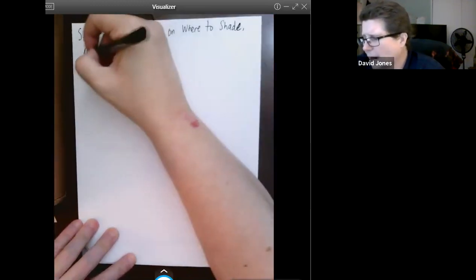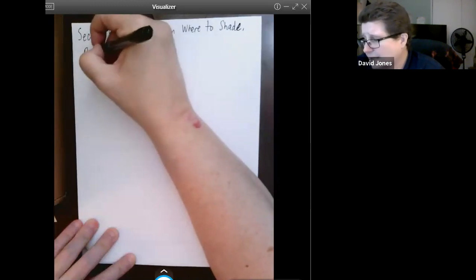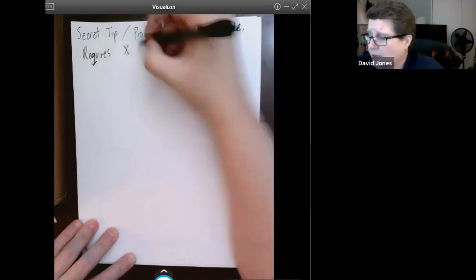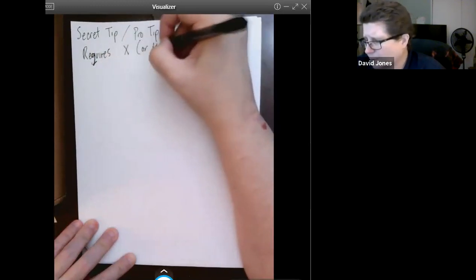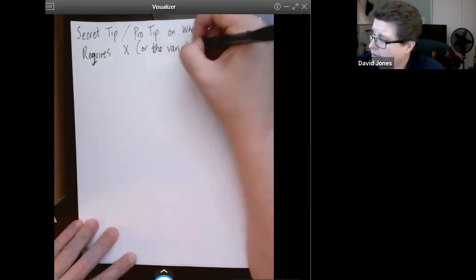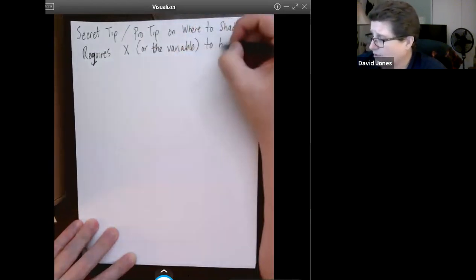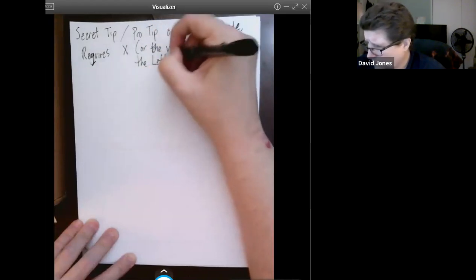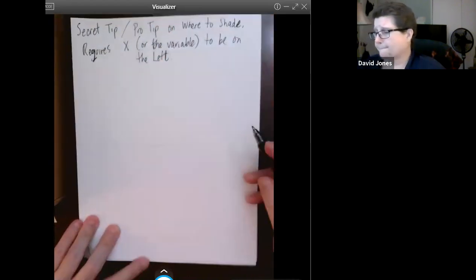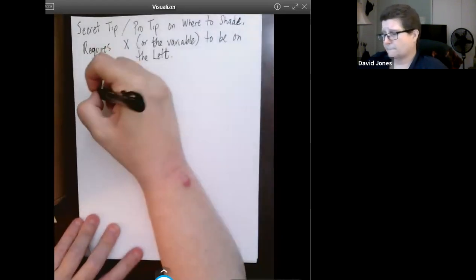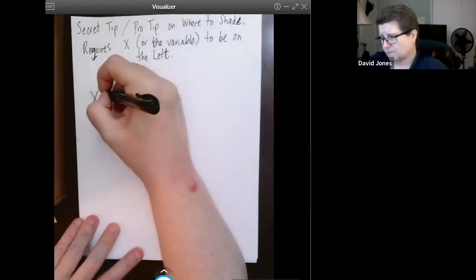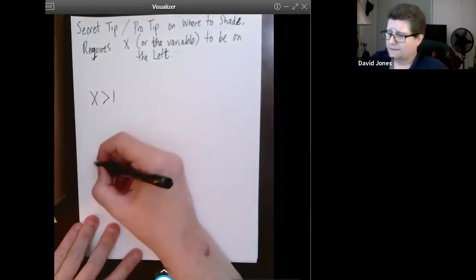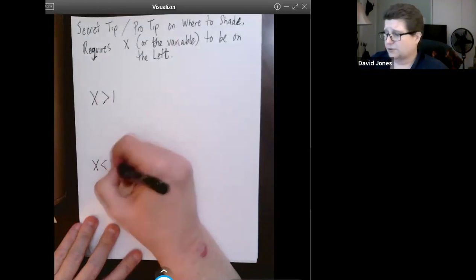And this requires X to be on the left. Or the variable, let's say the variable. It's not always X. To be on the left. X is greater than 1 versus X is less than 2.